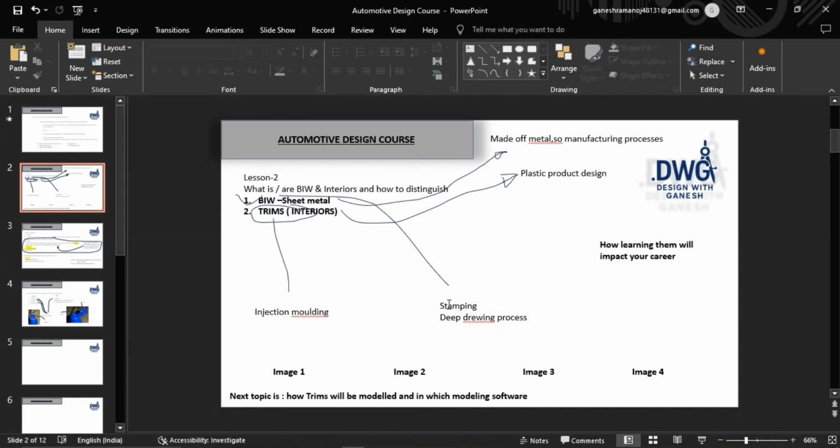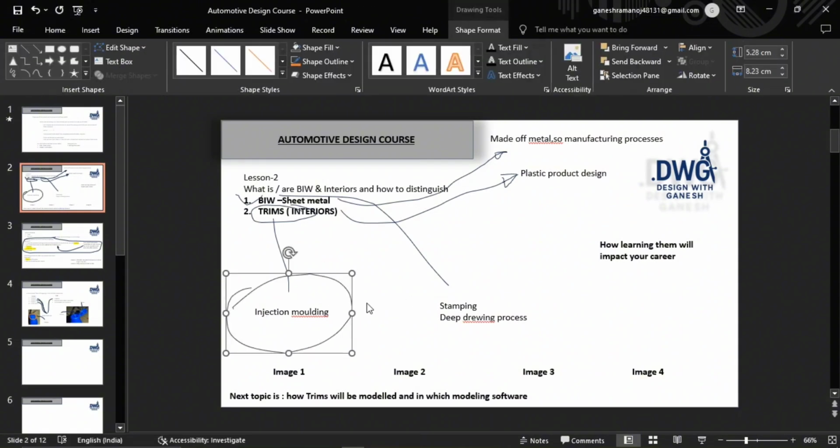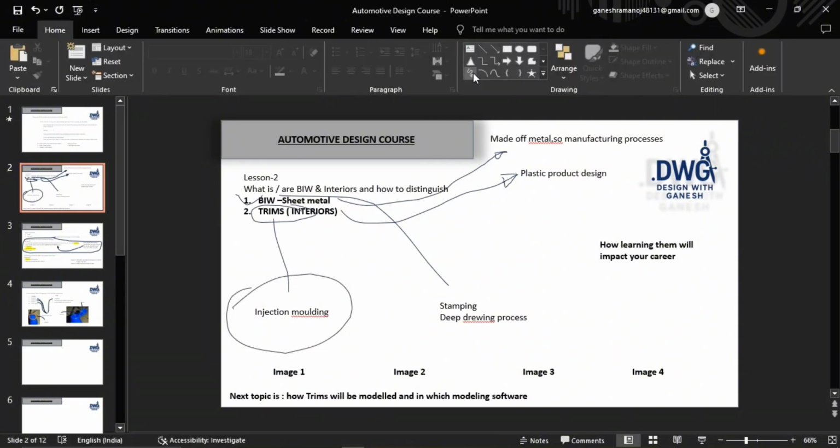Let's talk about stamping only, since we already discussed injection molding.